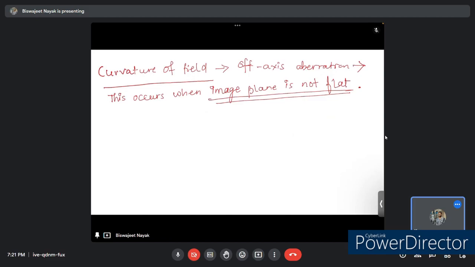So we can bring different zones of the image into focus, but the whole area of our image will not be focused. Let's say this is the aperture, at a certain point we will focus it, then the periphery point will not be focused. The more we focus the other point, this point will defocus. This point will come into focus, and its periphery point will again defocus. This happens because all the points where we want to focus are not in a single plane.